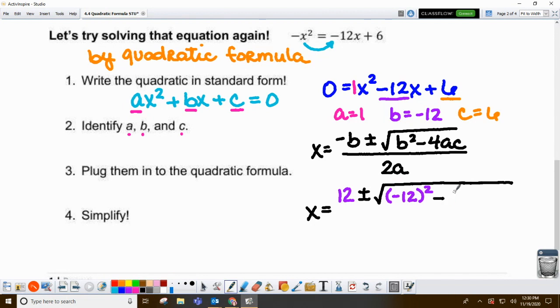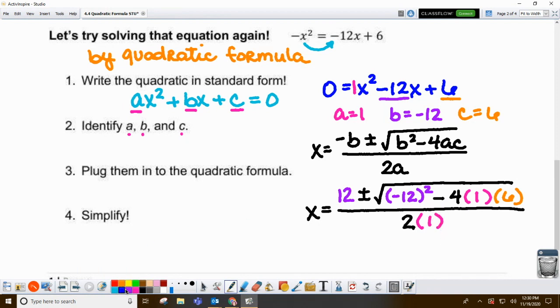So negative 12 squared minus 4 times my a value, which is 1, and my c value, which is 6. And then we're dividing the whole thing by 2 times my a value again, which is 1.